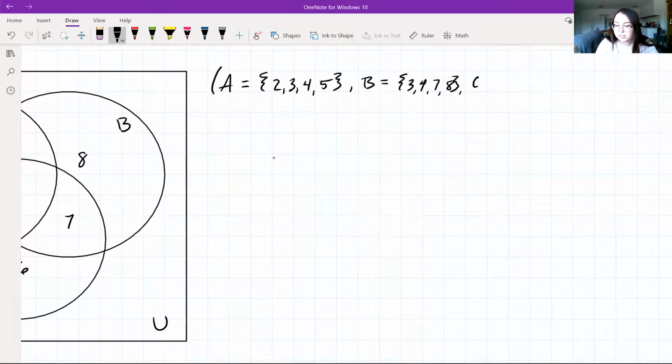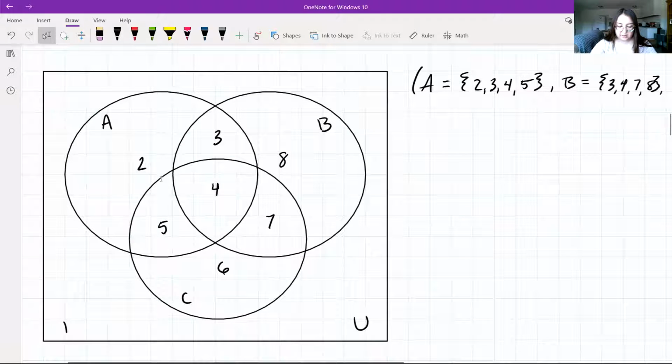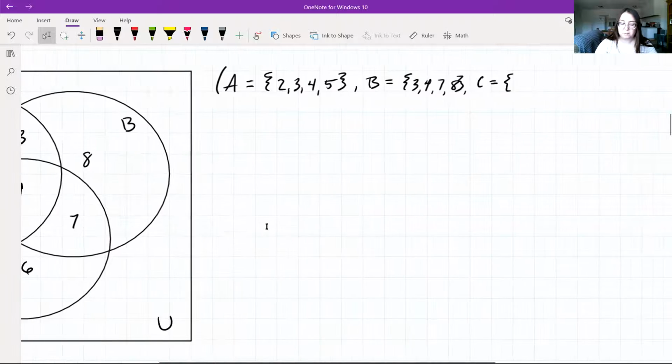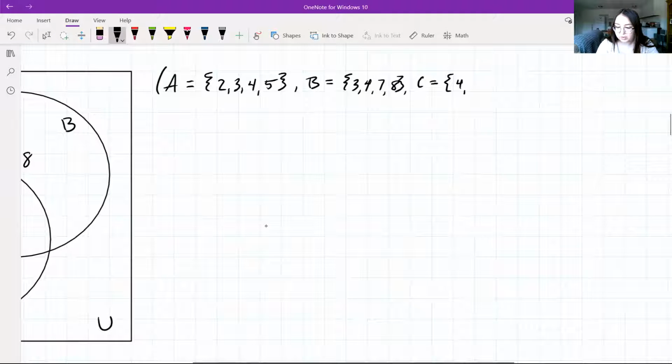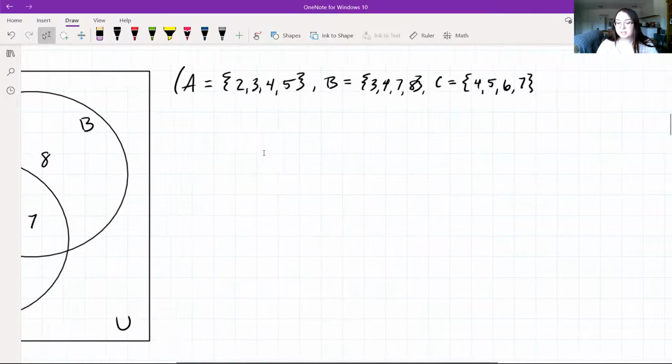Now I want to solve for C. So if we think about C here, here's our whole circle of C. And we see the values 4, 5, 6, and 7. So we have 4, 5, 6, and 7. Now we know our universal set is just every number in our rectangle. So we see it's going to be 1 through 8.